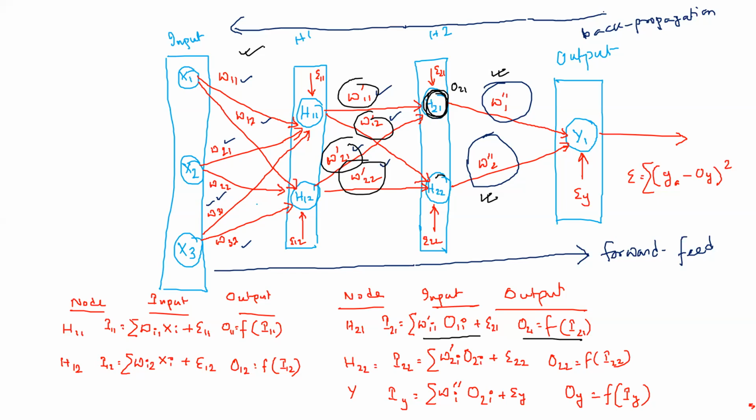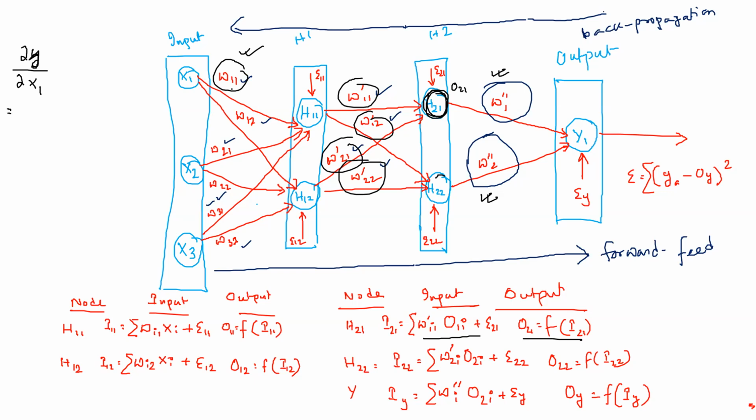And if it is a linear function, the importance scores of x1, x2, x3 is a common thing that we try to find out. The importance score of x1, x2, x3 over y is measured by delta y over delta x1. And if everything is linear, then that is basically this weightage into this weightage into this weightage. So all the paths from x1 to y, the path weightages will be calculated.